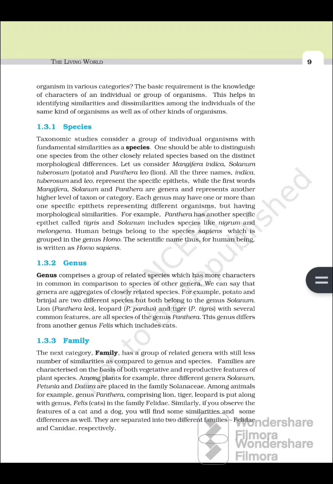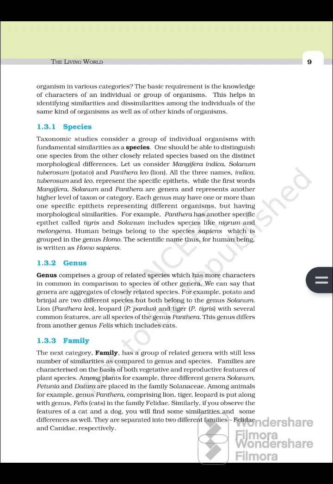Topic 1.2.3 Family. The next category, family, has a group of related genera with still fewer similarities as compared to genus and species. Families are characterized on the basis of both vegetative and reproductive features of plant species. Among plants, for example, three different genera, Solanum, Petunia, and Datura, are placed in the family Solanaceae.